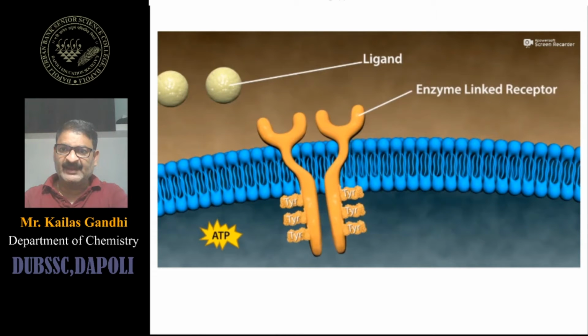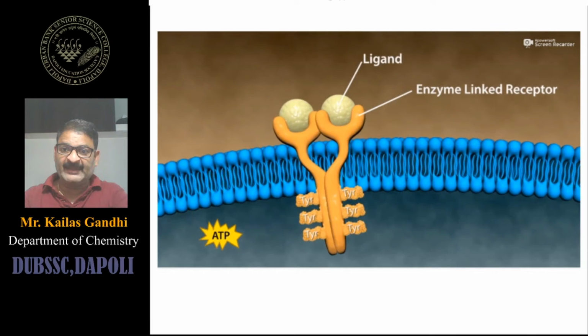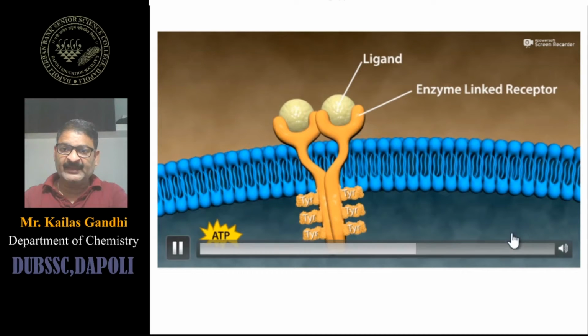The next receptor is the enzyme linked receptor, in which the ligand gets attached to the enzyme linked receptor, and the receptor dimerizes. An example is tyrosine kinase, which is especially used for phosphorylation. So the ligand gets linked to the tyrosine kinase type of receptor, and what happens exactly there?